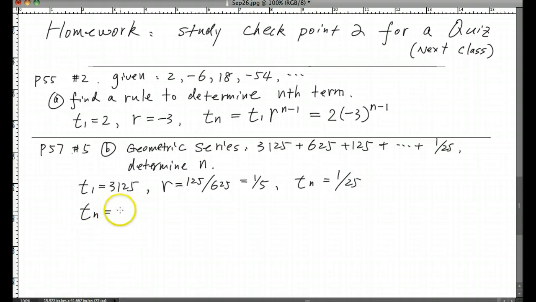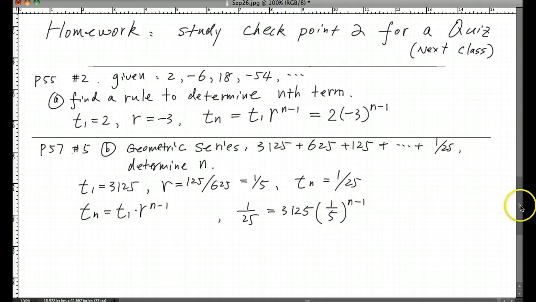So based on the formula Tn equals T1 times r to the n minus 1, we plug in everything we know, leaving n as the only variable. So 1 over 25 equals 3125 times 1 over 5 to the n minus 1.